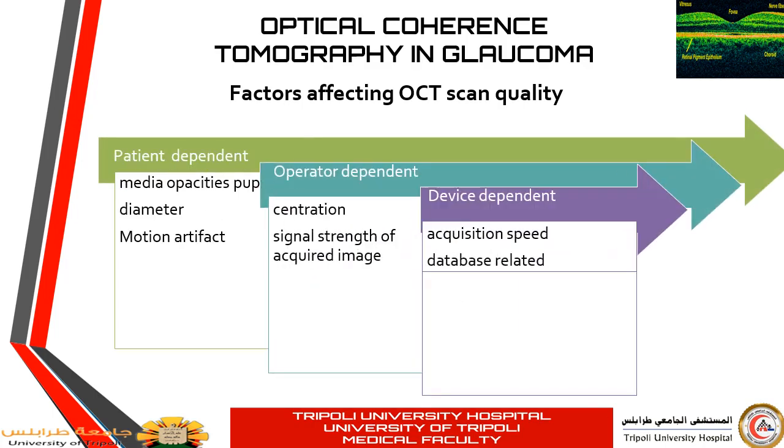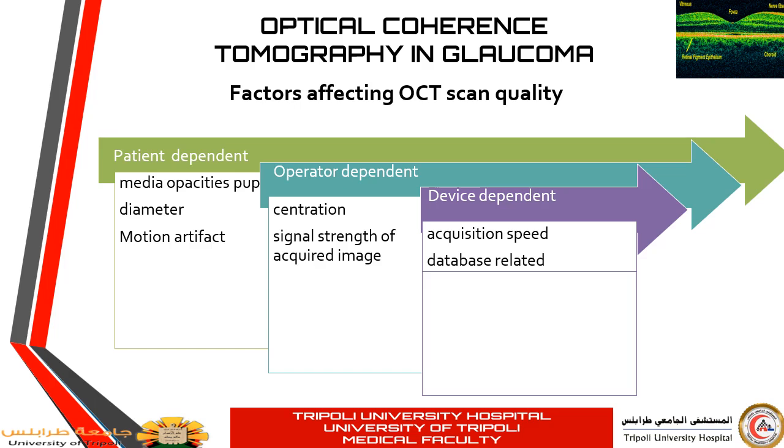Among the points that I also want to speak about before we start reading the OCT map is that the OCT is a very sensitive machine, and the speed of the OCT is a very important factor in determining the resolution of the image, so we get confronted with the problem of artifacts. There are some artifacts that you should exclude before reading the OCT map, and these are very crucial in giving a proper diagnosis of the patient.